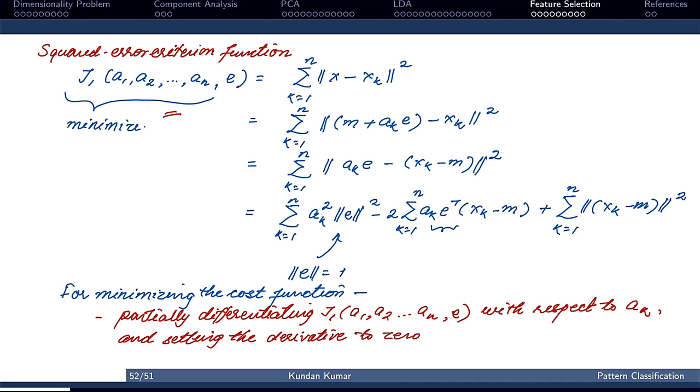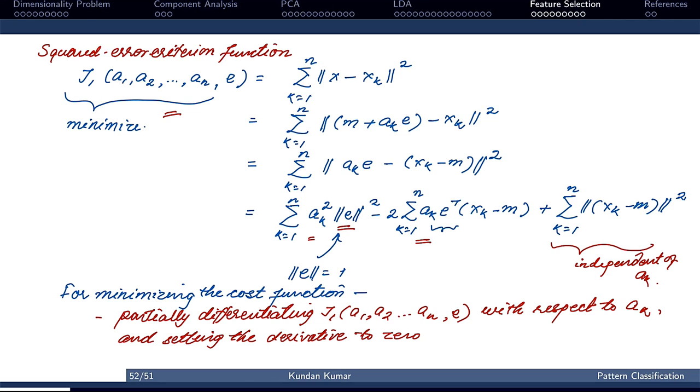You observe here that this term is independent of ak, and this term will be 1. ak appears in this term only, and here ak is available.